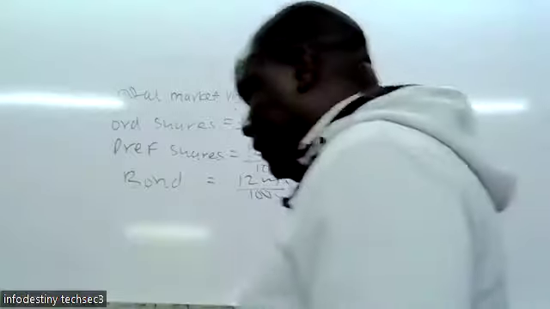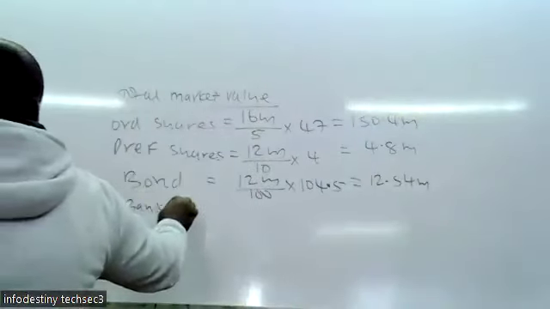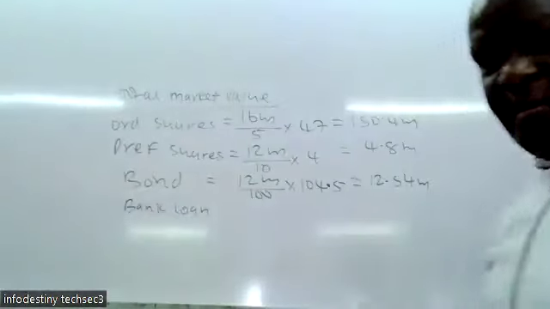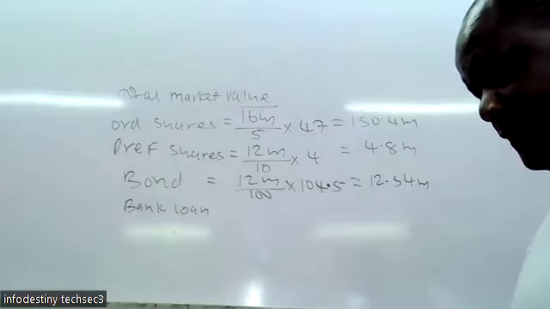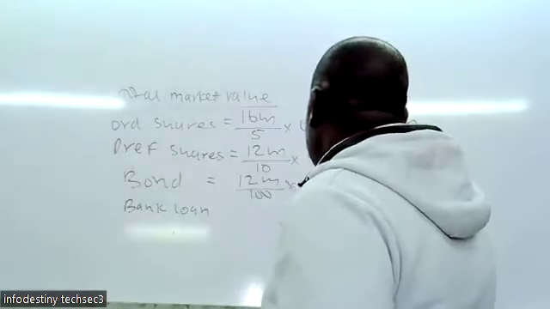Then the last one is the bank loan. That one will just remain the book value.